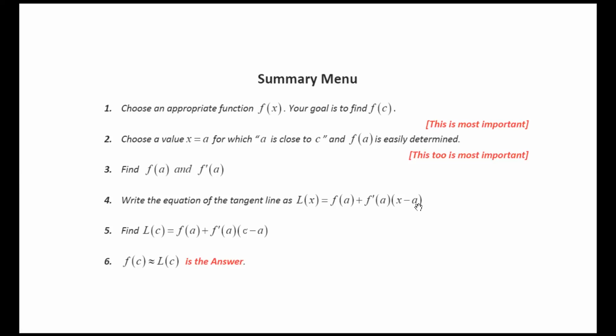Then we can find what L of c is, which means that everywhere there is an x, and there's only one x in this function, we put in c and do the arithmetic. Practice will make you see that this is very doable. And once you get the hang of it, you'll have that as part of your learning that you've put away and can say, I've done that.